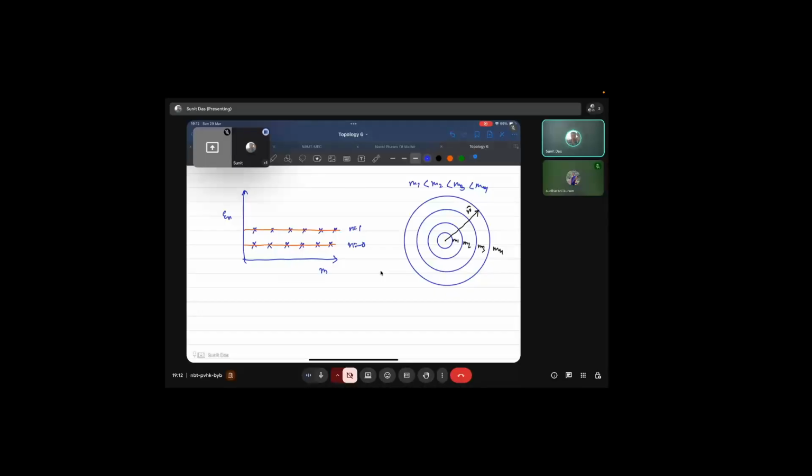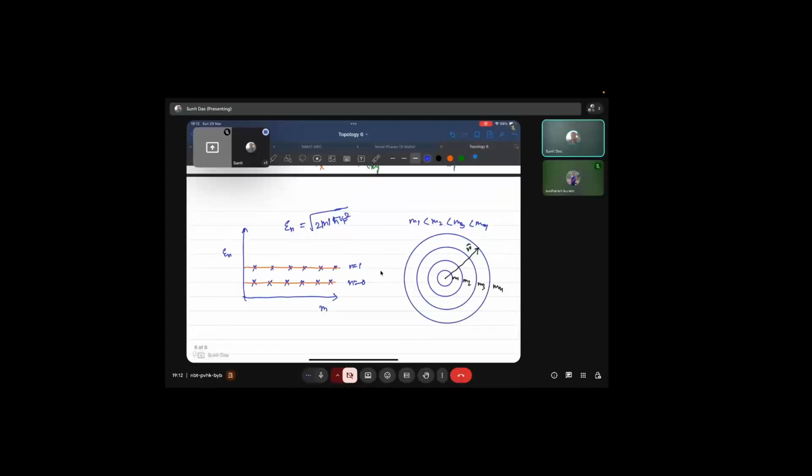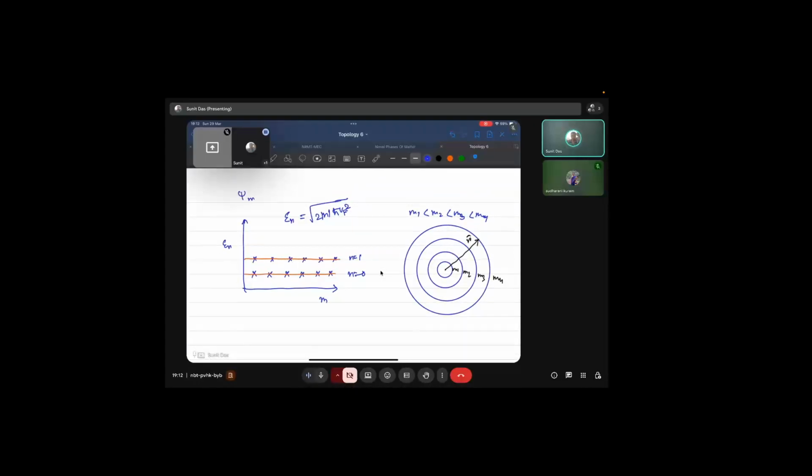Now, what we have seen is that epsilon n for graphene was something like 2 mod n h bar vf square. So the energy was independent of m. M was another quantum number, whereas the wave function depended on m, right?